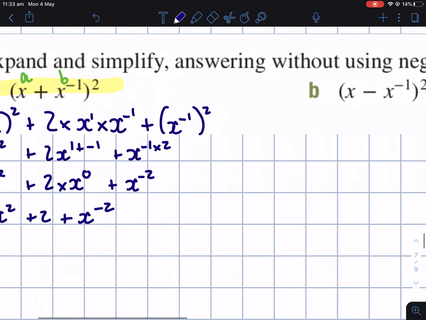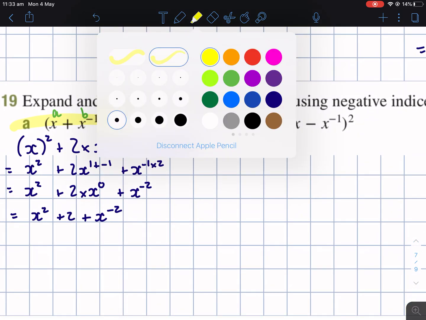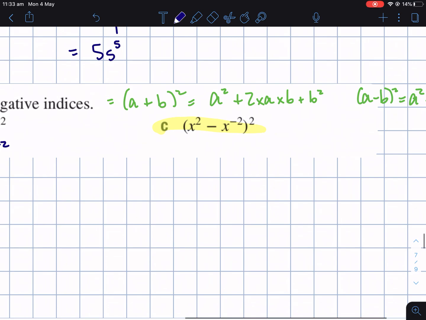minus 2. Okay, the only difference for this next one is that instead of having a plus, it's minus. So the only difference, take 2 plus x to the minus 2. But that's okay, I wasn't doing that question anyway.